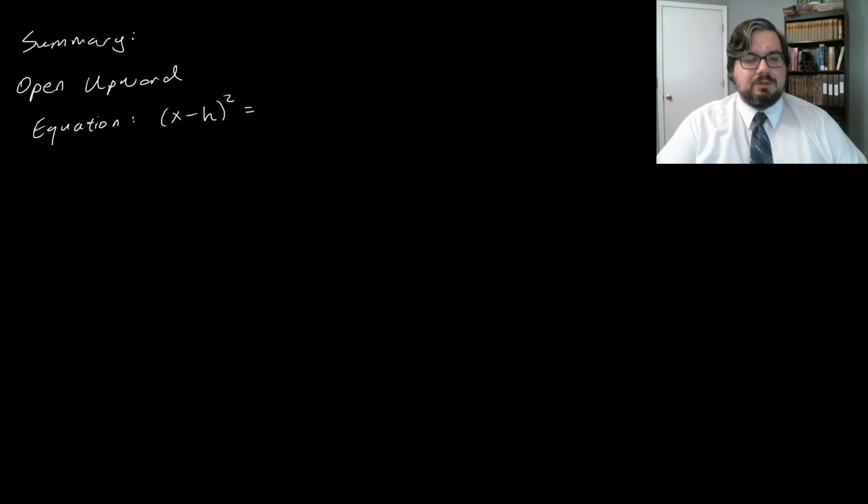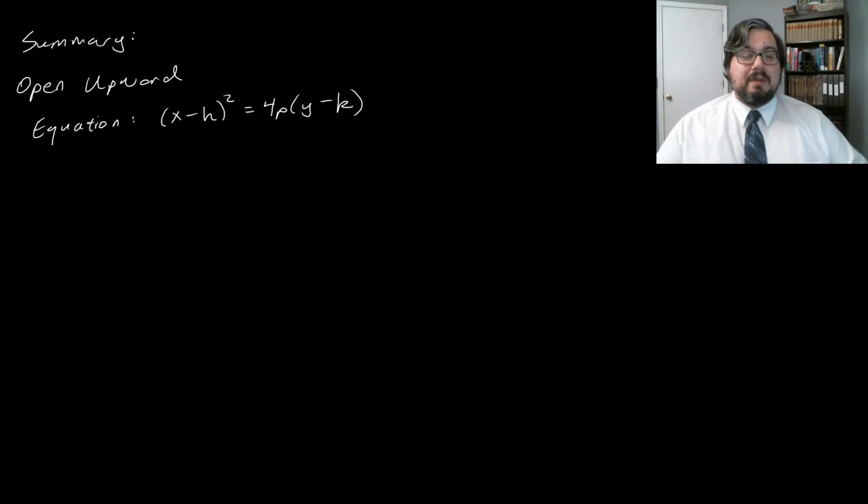All right, so a summary of what we have so far. We have parabolas that open upward. For their equation, we have two different forms that we use. We've got x minus h squared is equal to 4p times y minus k, or an equivalent rearranging of this.